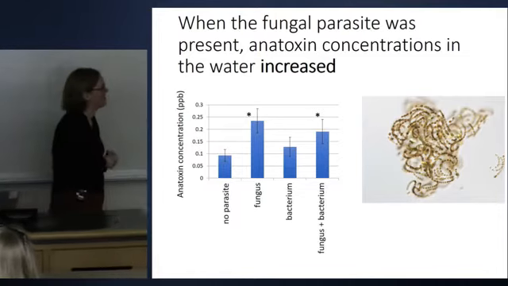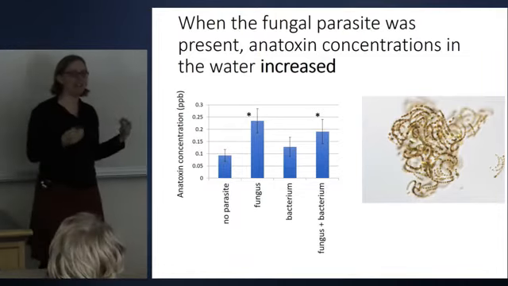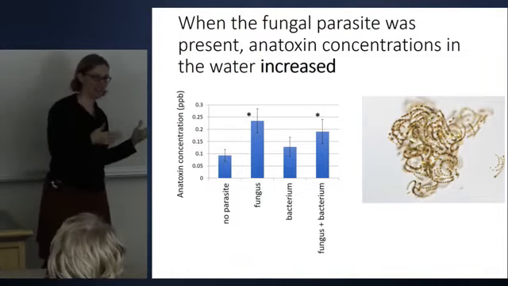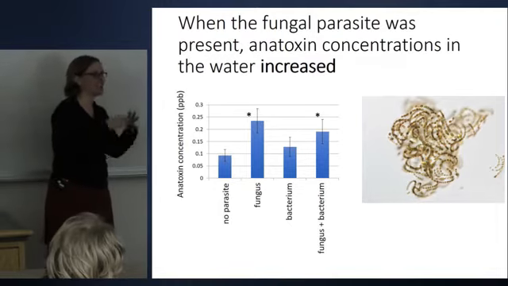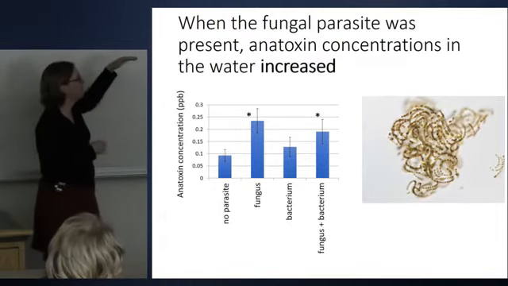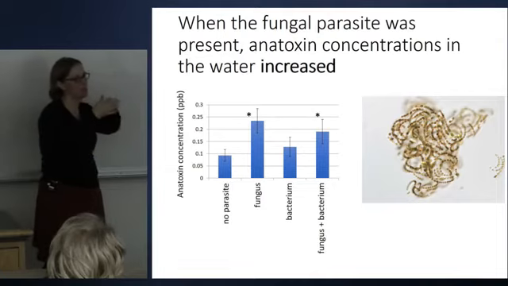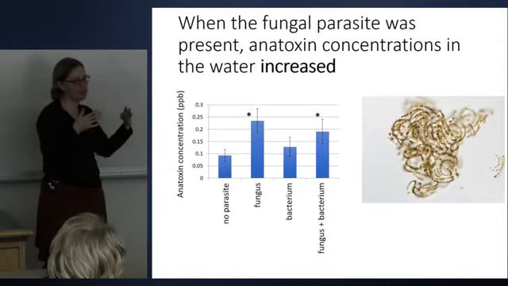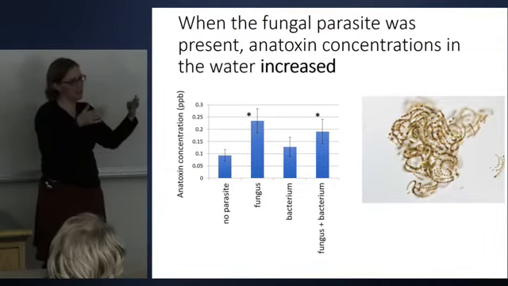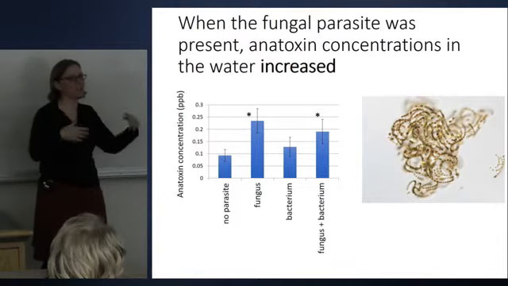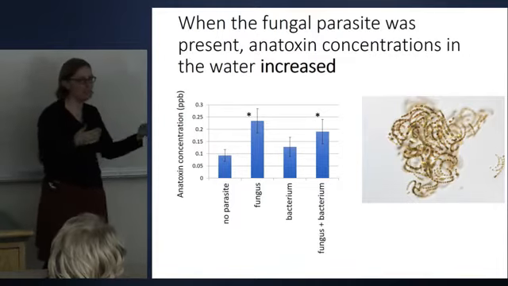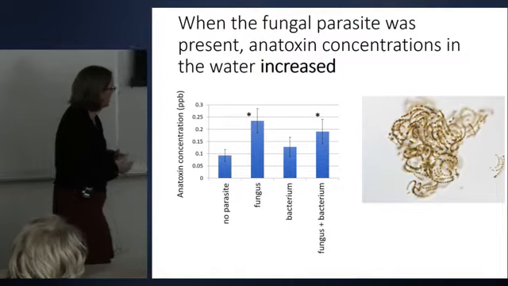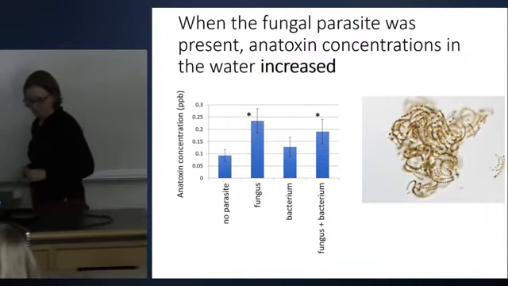So you can imagine that you wouldn't want to have more very fast death factor in a lake, right? We know we have blooms of this, and now we know that this fungal parasite seems to be inducing it, so we might see some variation. And again, these lakes are the sources of drinking water for some communities, so this might be something that's worth thinking about a little bit more.